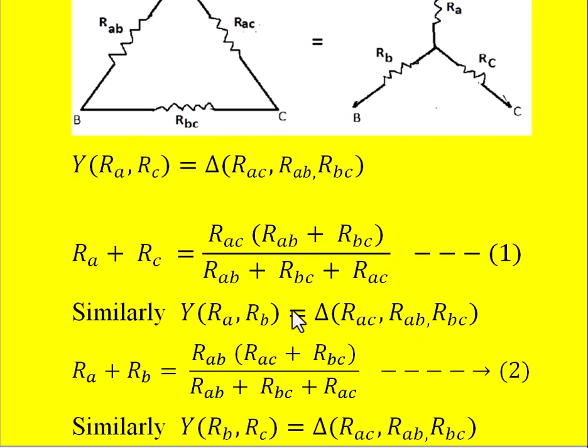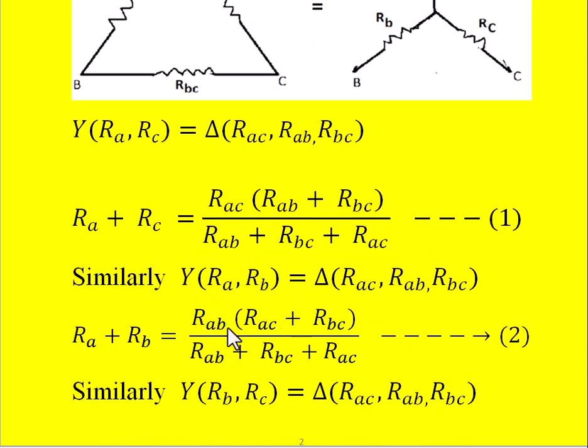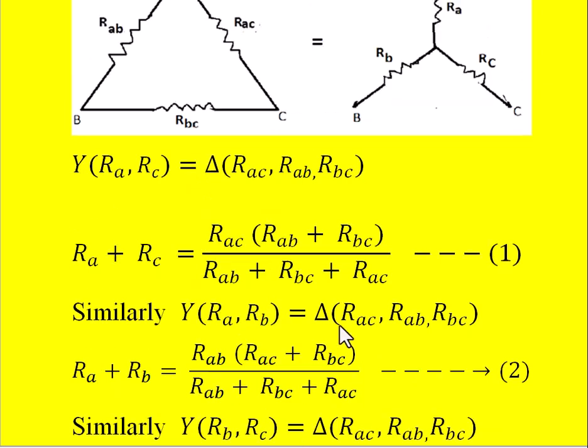So we add them. So RAB into RAC plus RBC divided by RAB plus RBC plus RAC. This is equal to, we call it equation 2. So this RA plus RB is the equivalent resistance in star, and this is the equivalent resistance between AB terminals of the delta connected system.